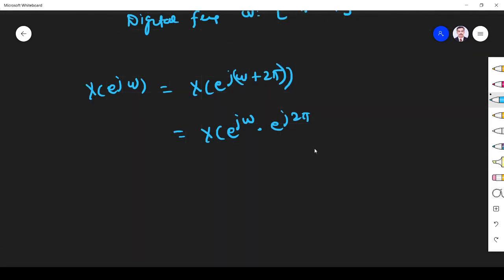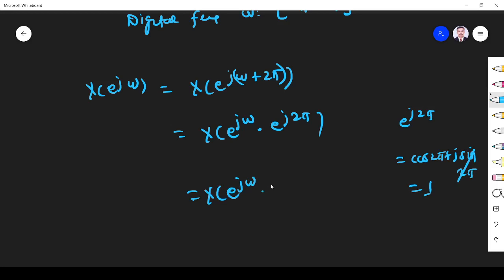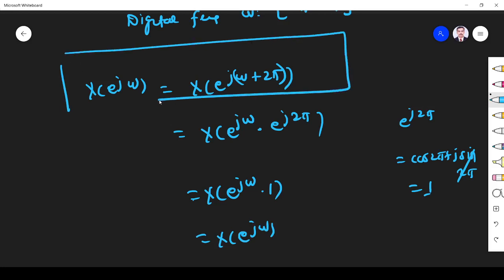Now e power j 2 pi is cos 2 pi plus j sin 2 pi. Sin 2 pi is 0, cos 2 pi is 1. So that is equal to e power j omega into 1. So x of e power j omega is equal to x of e power j omega plus 2 pi.